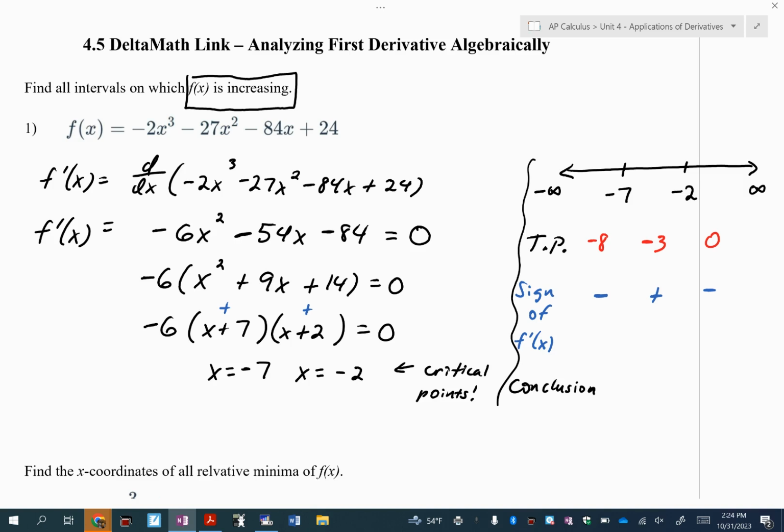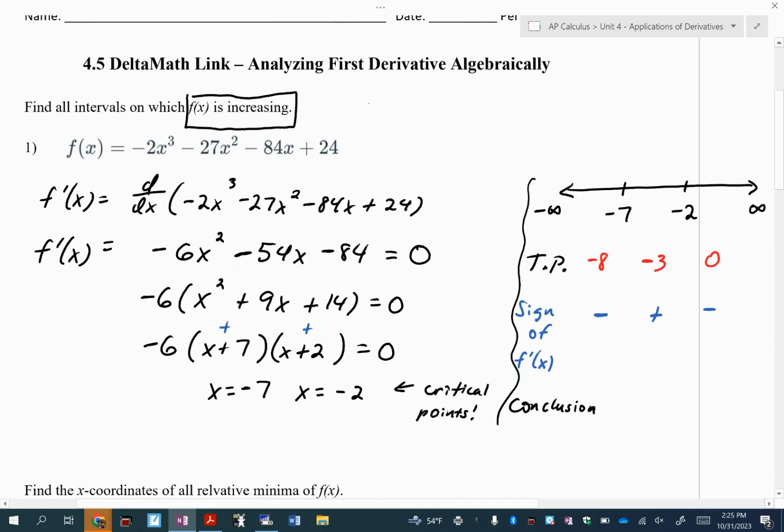Out of those 3 test points, did I get any that were positive? Yes, this one here. And that's in between which numbers? -7 and -2. So the answer here is -7 to -2. This is what you're typing in to get full credit.